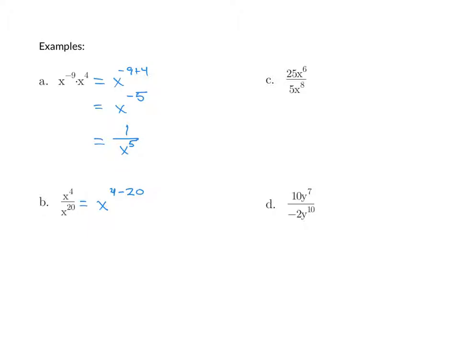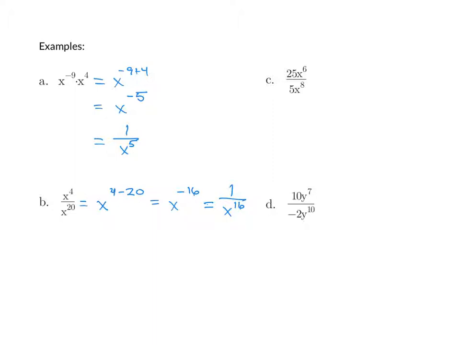If we simplify this, we end up with x to the negative 16. Just like in example A, I don't want negative exponents, I want positive exponents. So I'm going to move it to the bottom, and I get 1 over x to the 16.